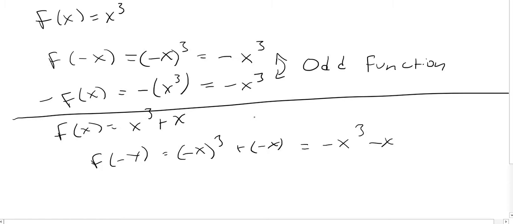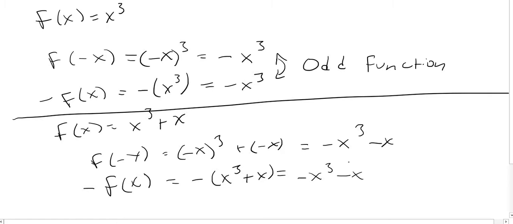And so it's not an even function. But then to test for an odd function, I look at negative f of x and compare it with f of negative x. That's negative x cubed plus x. Don't forget that this negative belongs to both of these terms, so this becomes negative x cubed minus x. So now this is also an odd function as well.